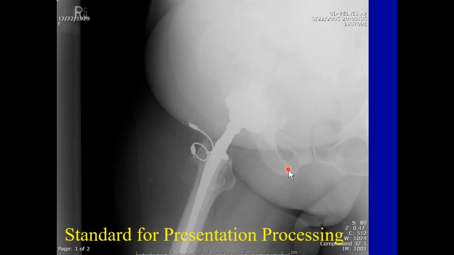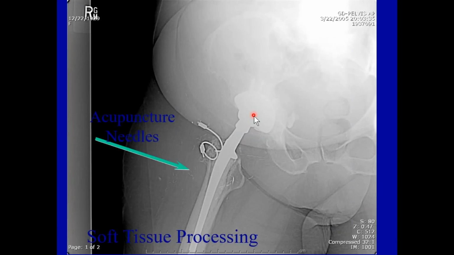So now the question is, this is a hip x-ray. We see that a hip replacement has been done. And if you have a DR system that has computer-enhanced software, it will show us that the patient, before they had the hip replacement done, why were the needles? Well, the needles, when they do acupuncture, when they take them out, I should say, some of them can break.